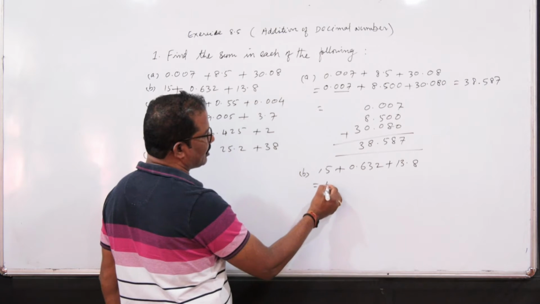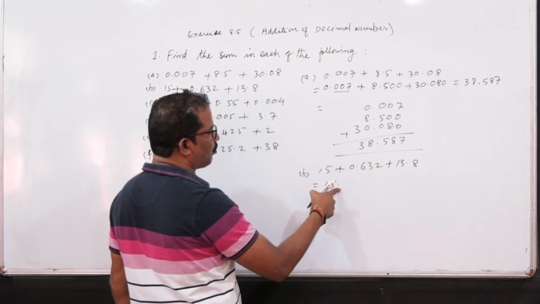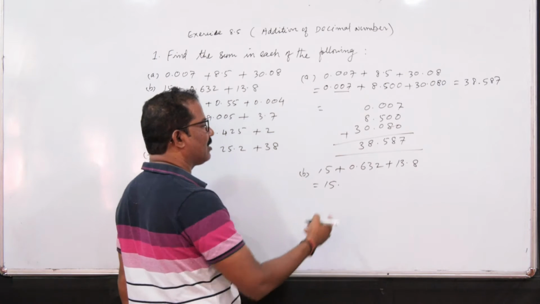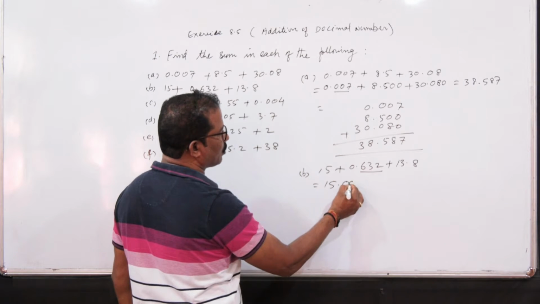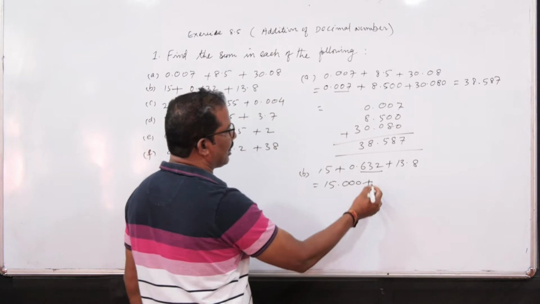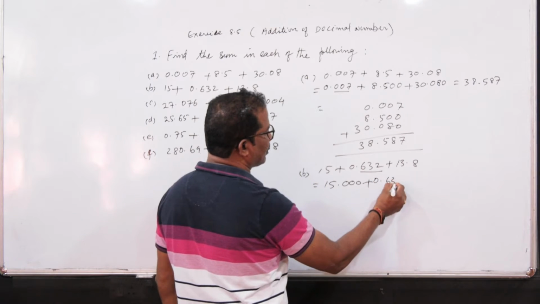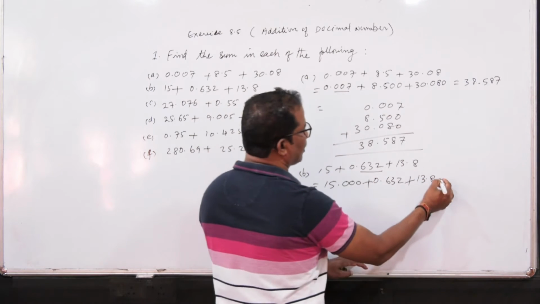So here you can see 15 means the decimal point will be in the last only. So it is 15 point. Any number of zeros we can add here. According to this, maximum 3 places are there, so we can put 3 zeros here. Now it is 15.000 and 0.632 is already there, and for 13.8 we can add 2 more zeros in the last.